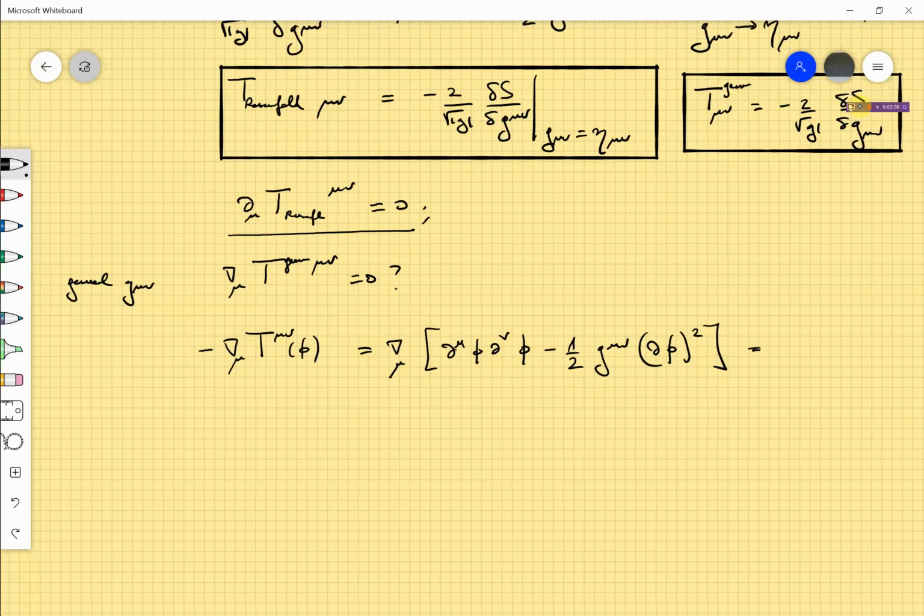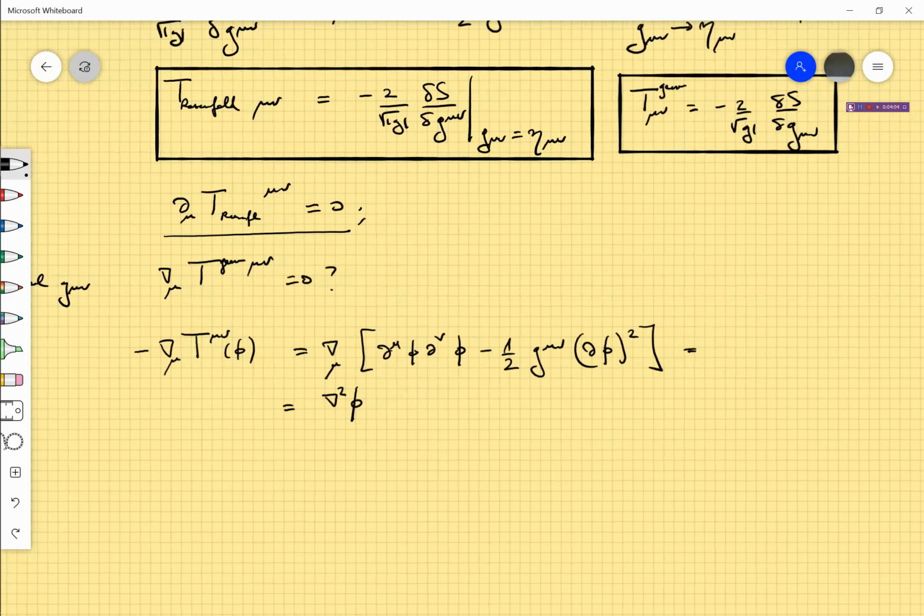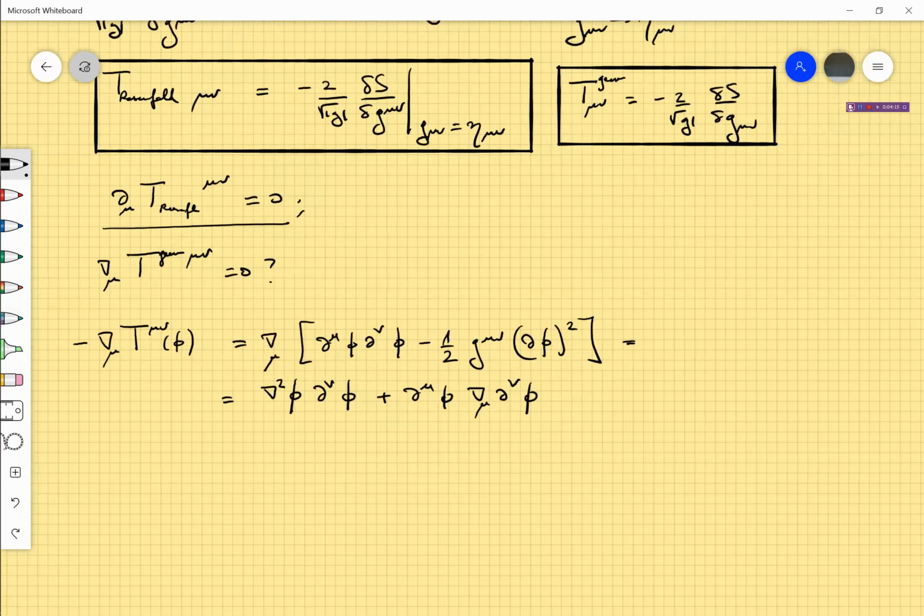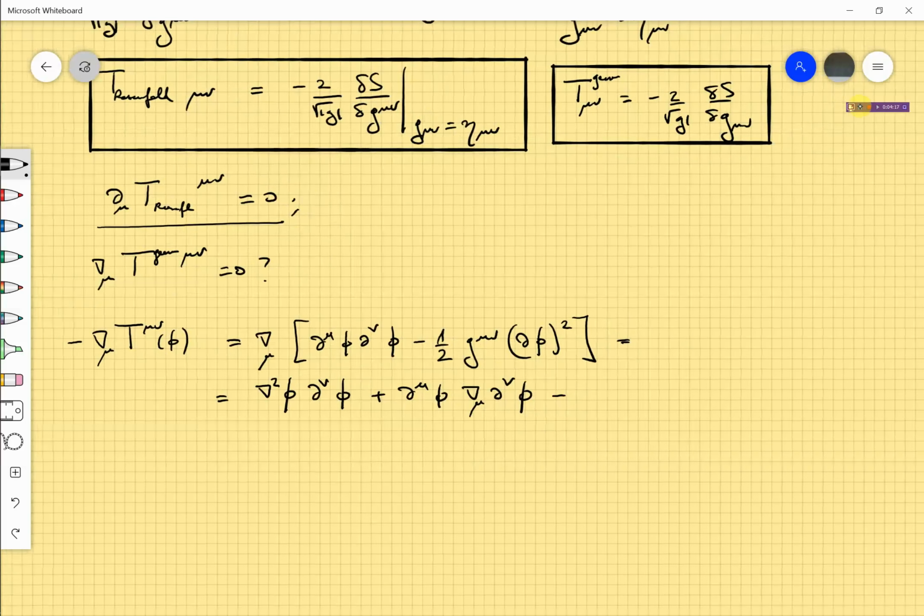Now we start computing, and first we find nabla squared phi, then there is another term, which is this one, and then minus a half, and this is just nabla nu of (partial phi) squared.